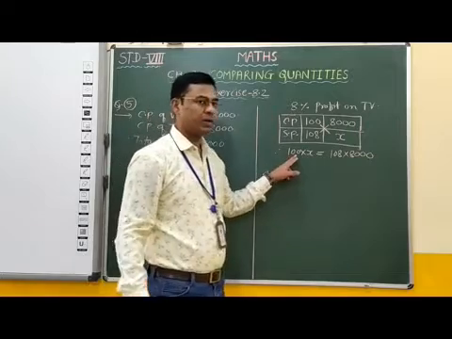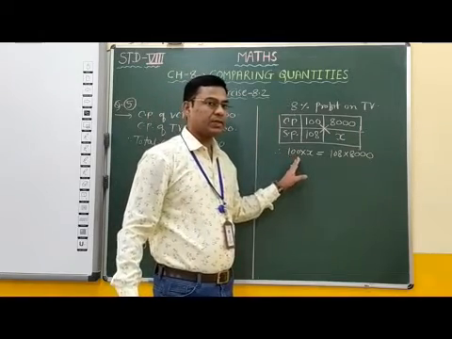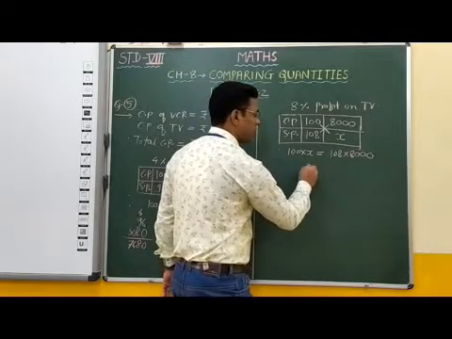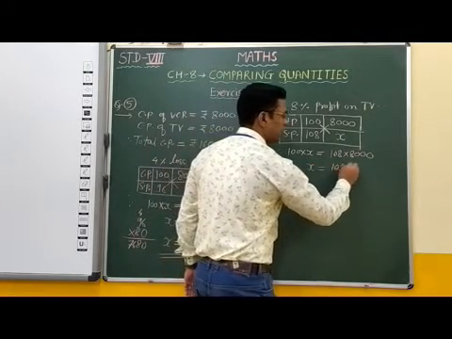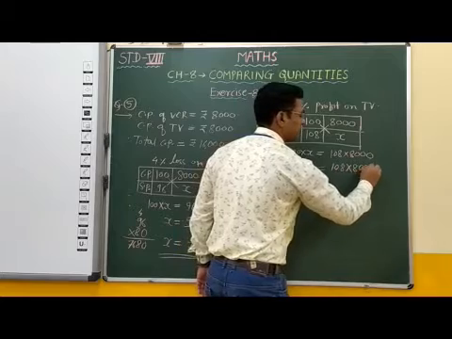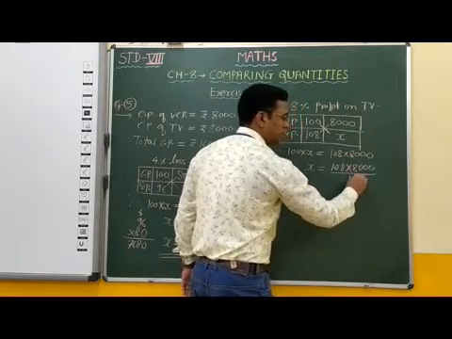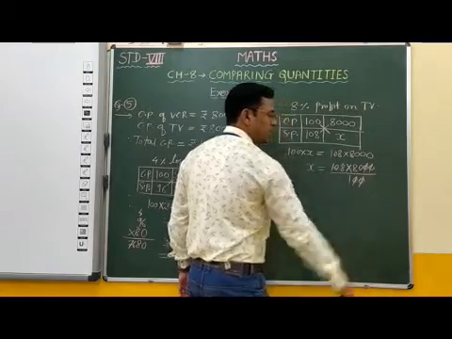Now this 100 will move from LHS to RHS and it will divide on RHS. Therefore x is equal to 108 into 8,000 divided by 100.